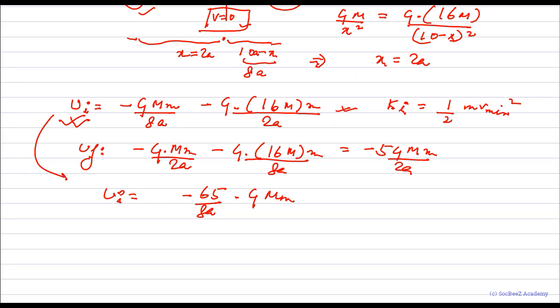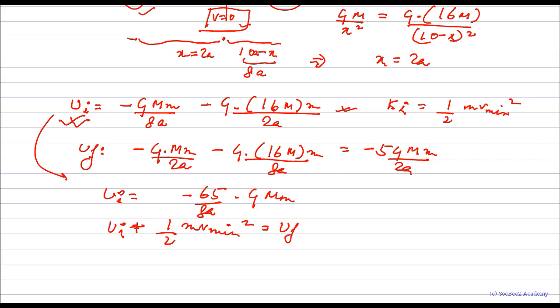So if I conserve the total mechanical energy, I'll write Ui plus half m v min squared equals Uf.